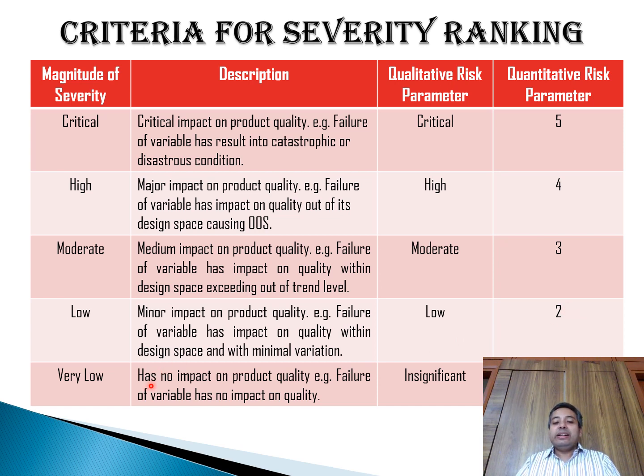And if the identified variable or risk factor has no impact on product quality, for example, failure of a variable has no impact on quality, that is, the identified risk has no significant impact on the quality of product, then the score can be given as 1. So this is about severity ranking.